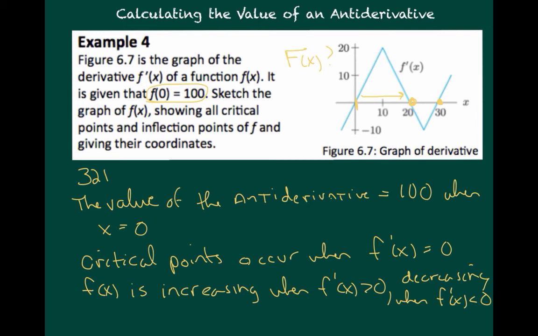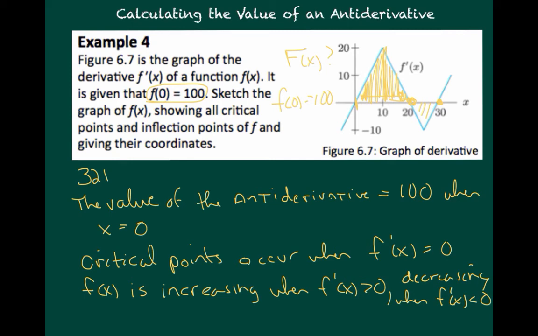But what we're bringing in this section that's different from the previous chapter is that now we know the original function f of 0 equaled 100. So as x increased, we're going to add the value of this area to 100. And then we'll begin to subtract the value from when the derivative goes below the axis.